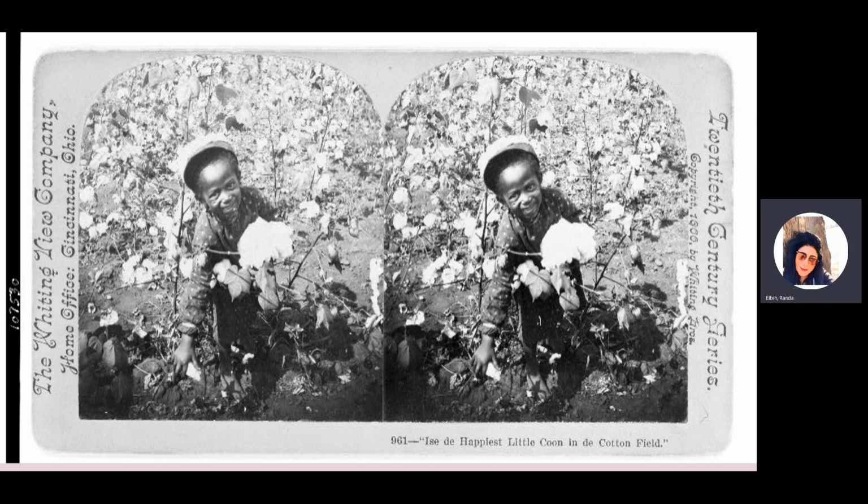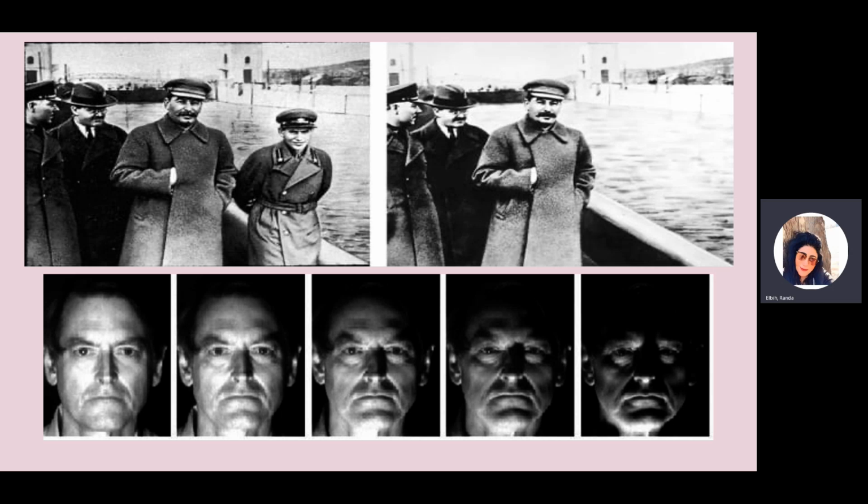So this is information about a boy in the cotton field. Could this boy be a slave? Could this boy be a child working in the field? Why would the child be happy? Or was there bias in the selection of the picture together with the caption? So these are questions that we need to ask when we're looking for bias in a source.